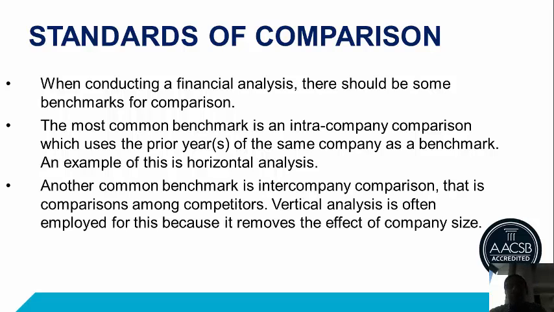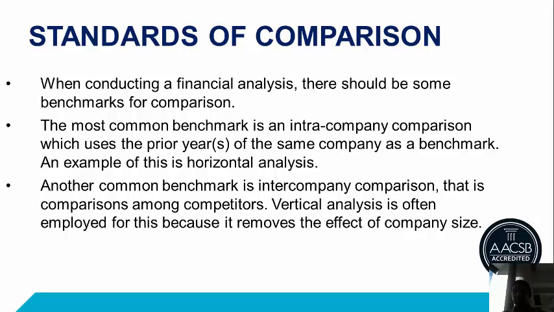Another common benchmark is an intercompany comparison, where you might want to know, what is my gross profit percentage versus my competitor? What is my profit margin versus my competitor? Now, if you're talking like that, what you're really asking yourselves is, the ability for you to do a vertical analysis. And I'll talk you through what a vertical analysis is.